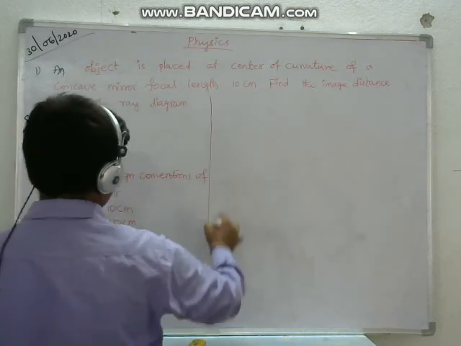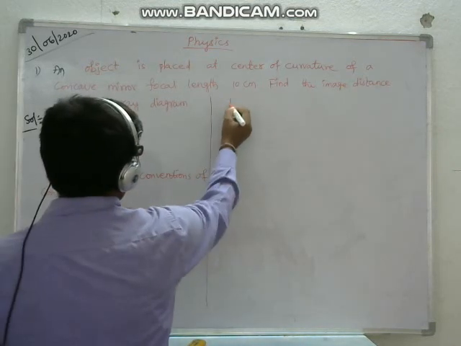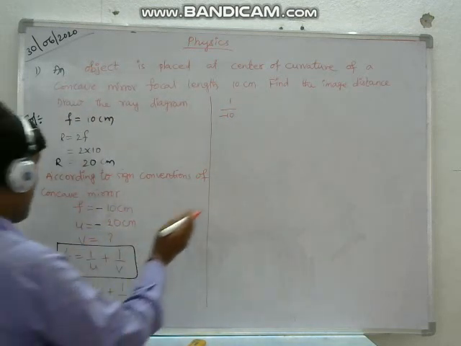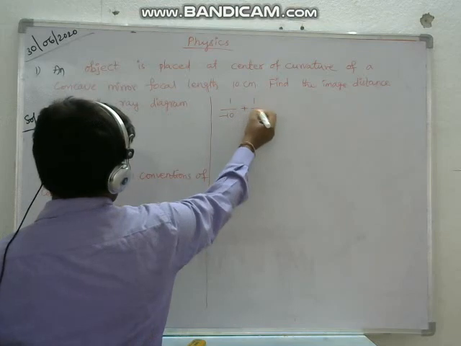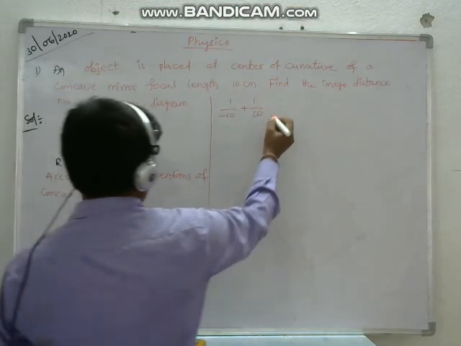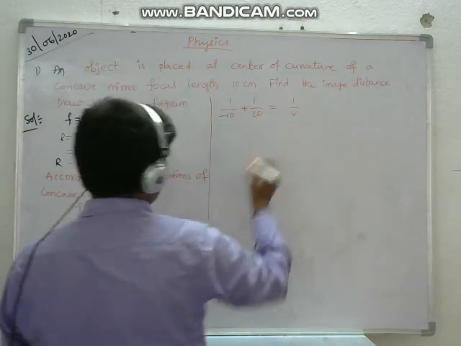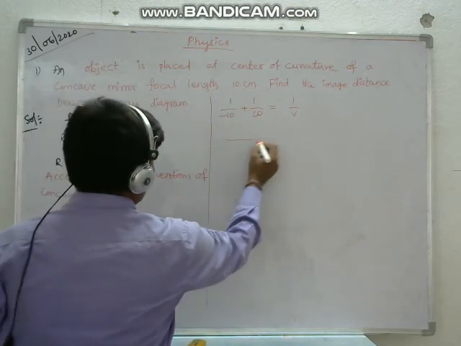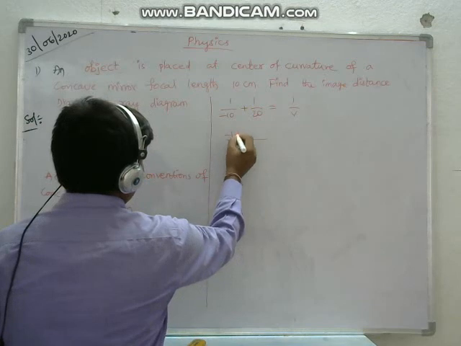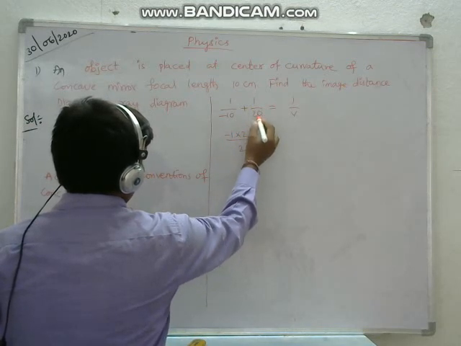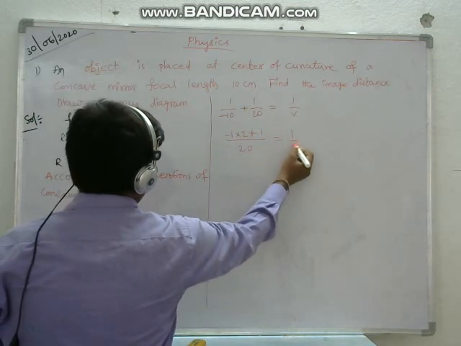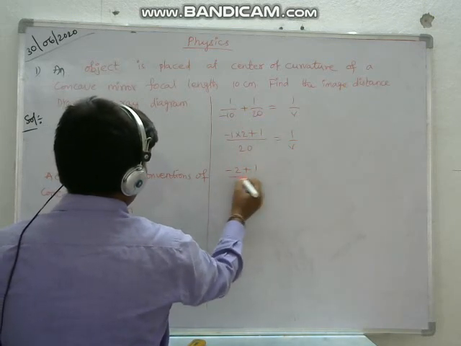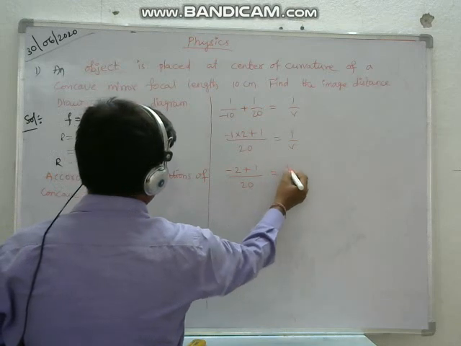Now 1 by minus 10, if you transfer this term to the left side then it becomes positive. So plus 1 by 20 is equal to 1 by v. If we take the LCM of 10 and 20, we get 20. Then minus 1 into 2 plus 1 by 20 is equal to 1 by v.